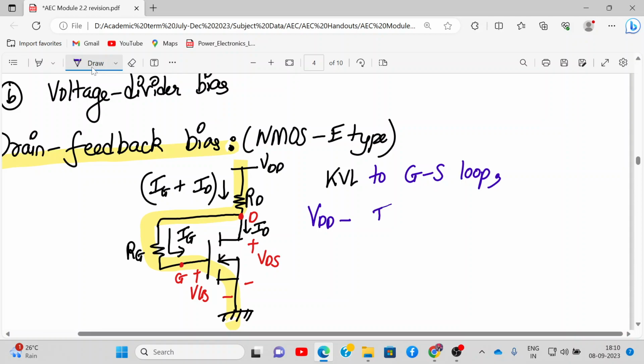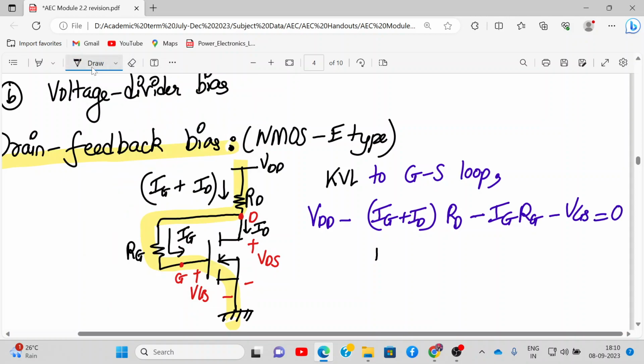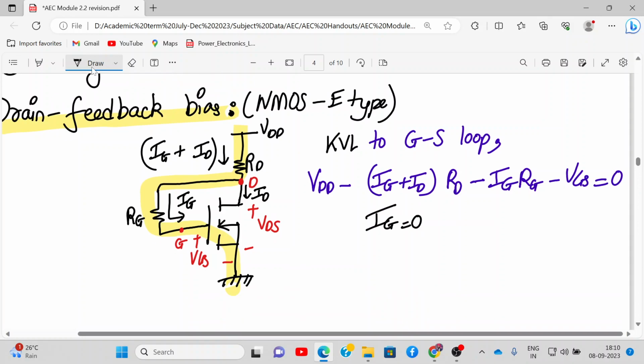VDD minus (IG plus ID) into RD minus IG RG minus VGSQ equal to 0. But what do we know for a MOSFET? IG is equal to 0, because of the presence of the oxide layer. So it will be VDD minus ID RD minus VGS is equal to 0.